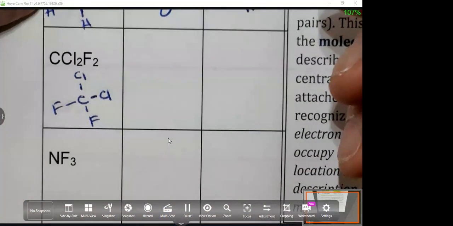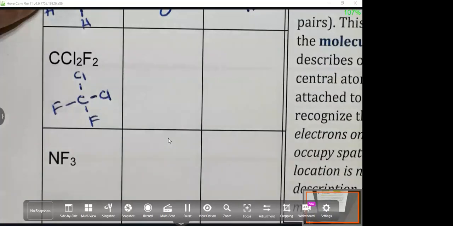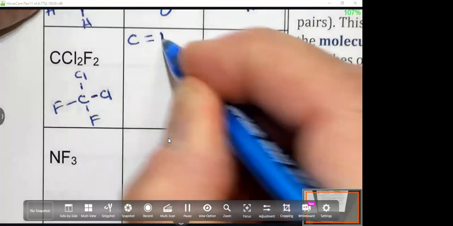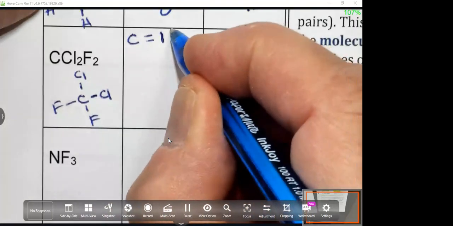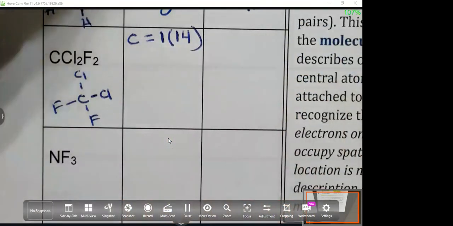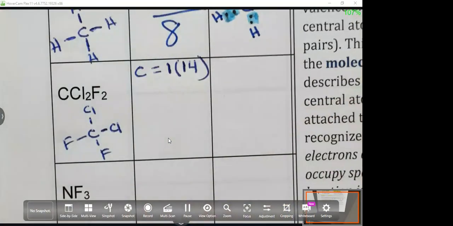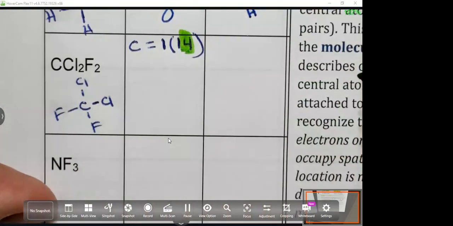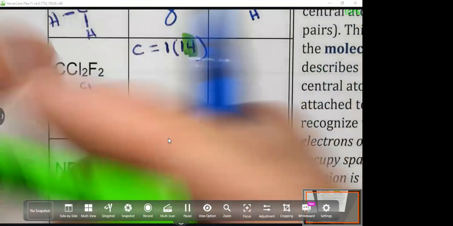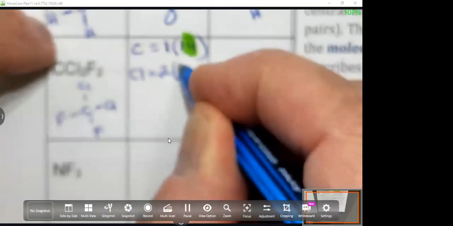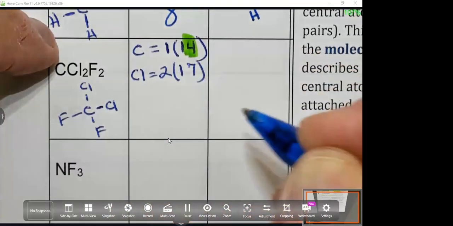Step 2 is to count your total valence electrons. So carbon, we've got 1 carbon atom. It is in group 14. So if it's in group 14, how many valence electrons? 4, right? Chlorine is 2 atoms of chlorine in group 17.